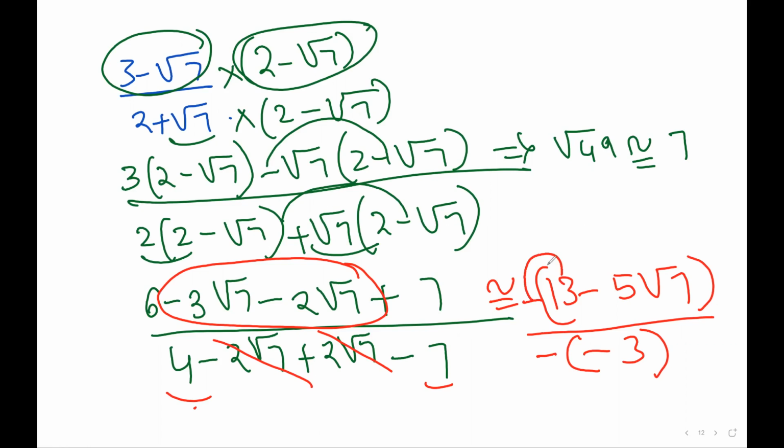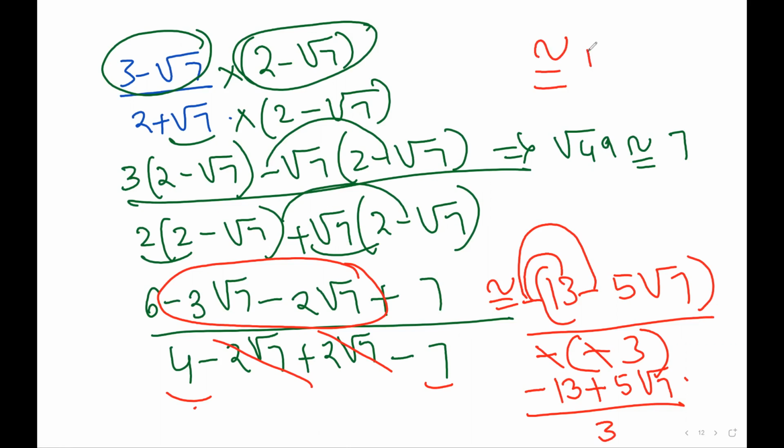So minus plus will become minus. Minus minus will become plus 5 root 7. And this minus minus is cancelled. So it will be 3. So you can keep your answer either in this way, or you can give your answer in this way, 5 root 7 minus 13 over 3. So be very careful about the signs, apply the rules properly, and things are easy.